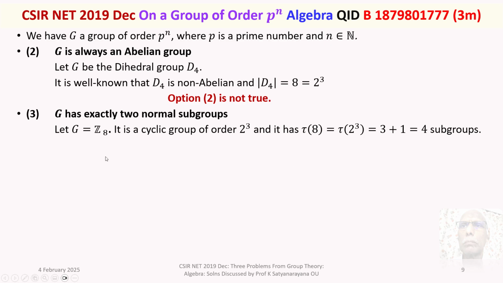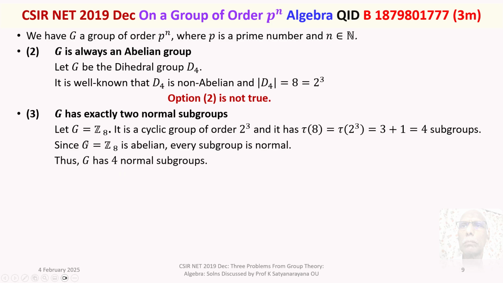So in the case of Z8, it has 4 subgroups. Z8 is an abelian group, and every subgroup of an abelian group is normal. Therefore, Z8 has 4 normal subgroups.